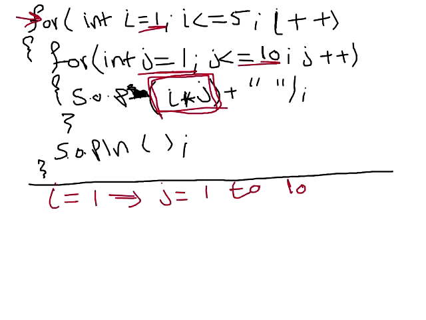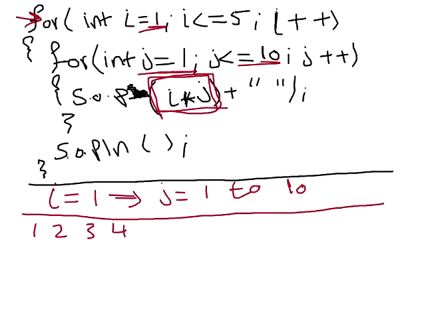So the output will be 1, 2, 3, 4, 5, 6, 7, 8, 9, 10. When i is 1, we are multiplying i by all the values of j: 1 by 1, 1 by 2, 1 by 3, until 1 by 10.